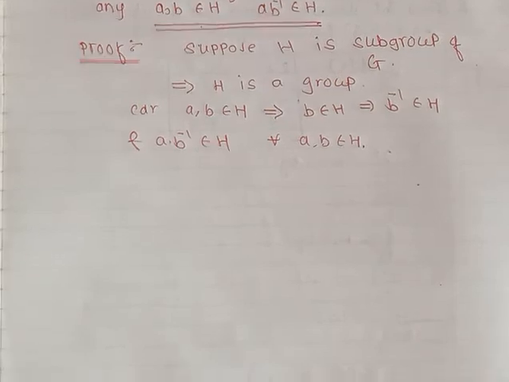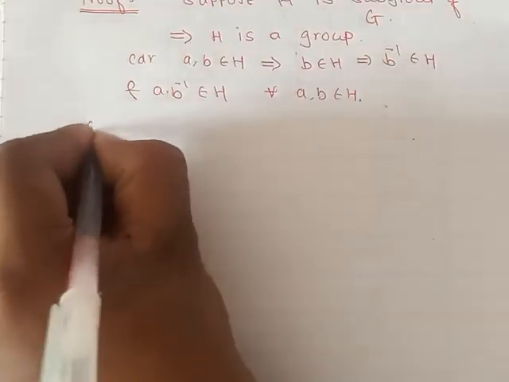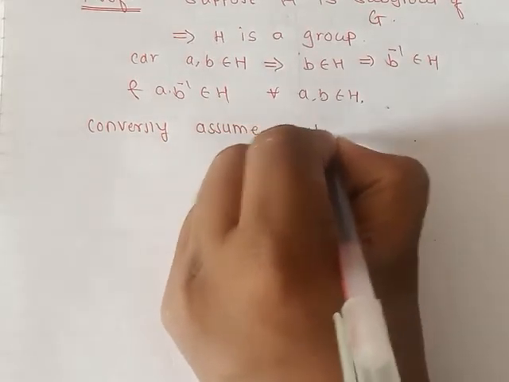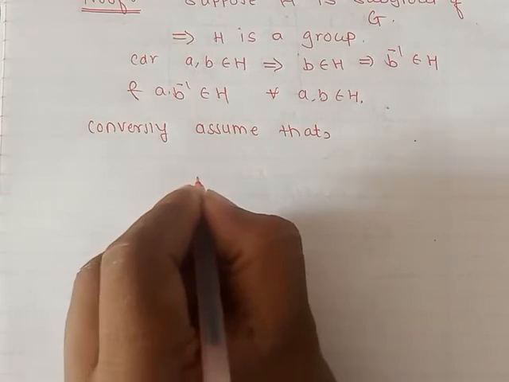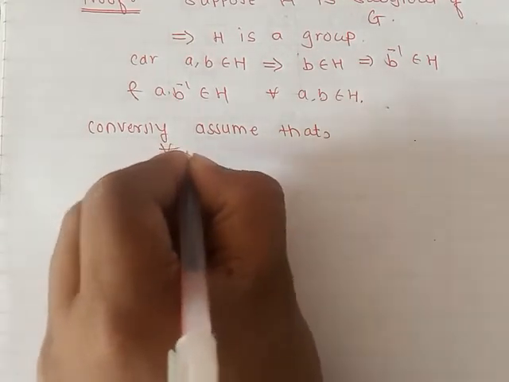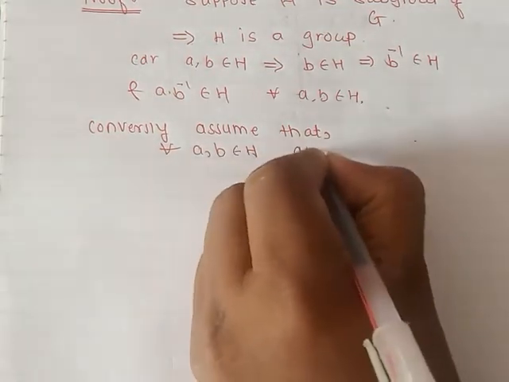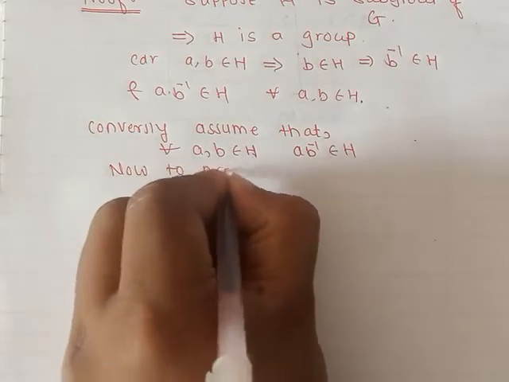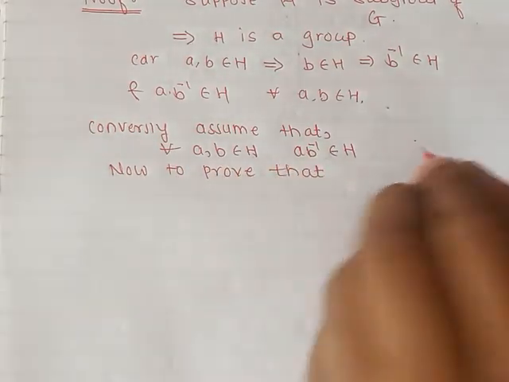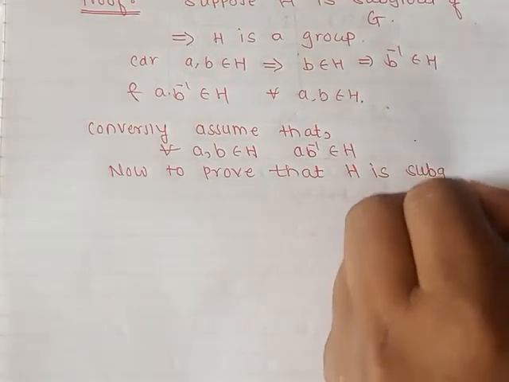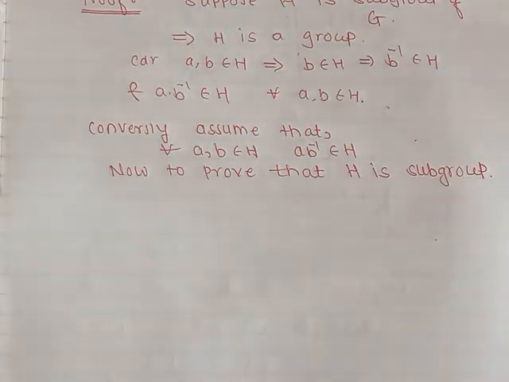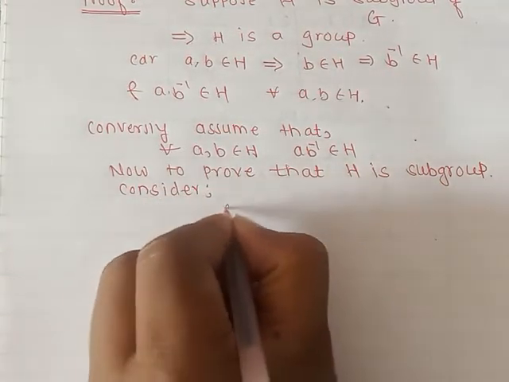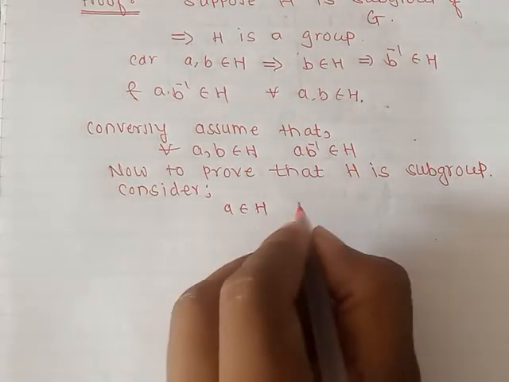Now conversely, assume that for all a, b belongs to H, a b inverse belongs to H. Now to prove that H is a subgroup, consider a belongs to H. So suppose this is equation star.